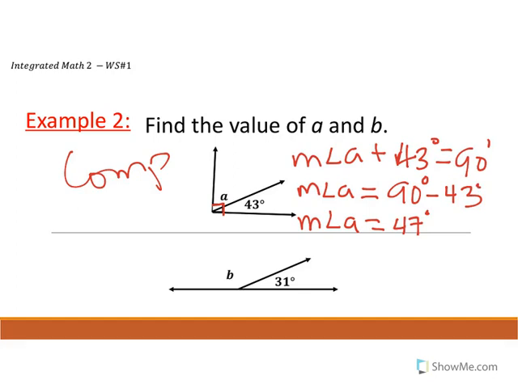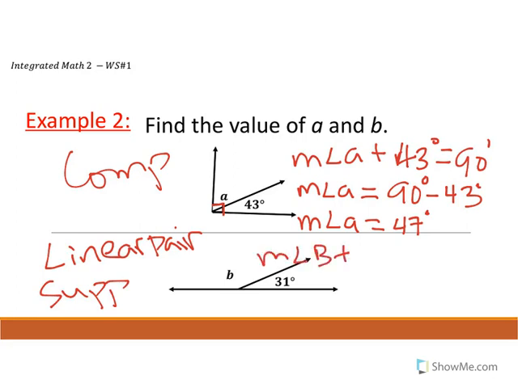And in this one, angle B and the angle 31 are a linear pair, and since they are a linear pair, they are supplementary. So the measurement of angle B plus 31 degrees is equal to 180 degrees.